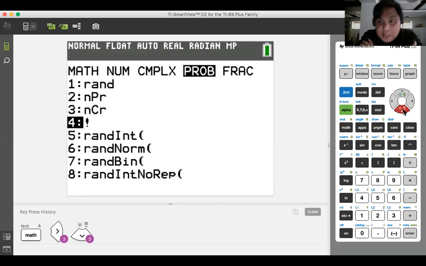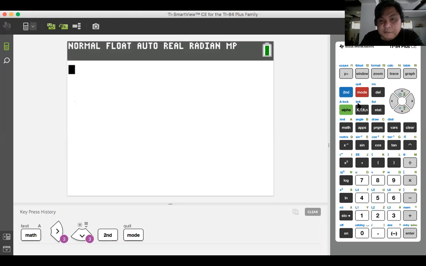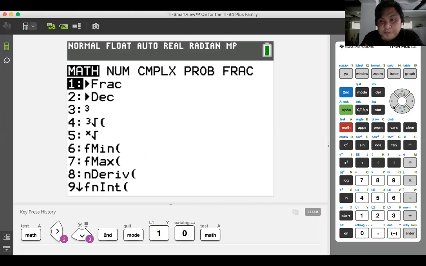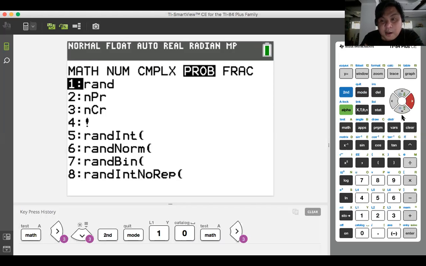So if you are using a Texas Instruments calculator, you can get into the factorial by first pressing math, then going over to prob, which I guess stands for probability. Thus, if I ask you to compute for what is 10 factorial, that's 10, then math, go to prob, then go to the factorial.